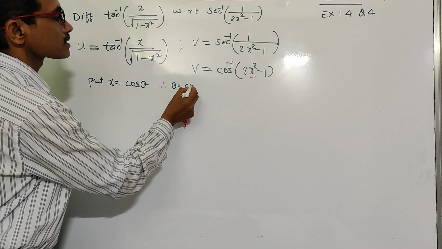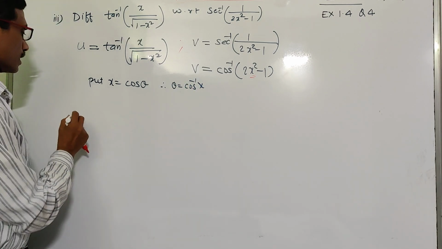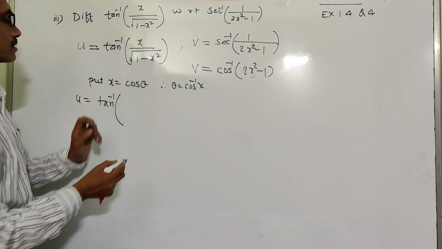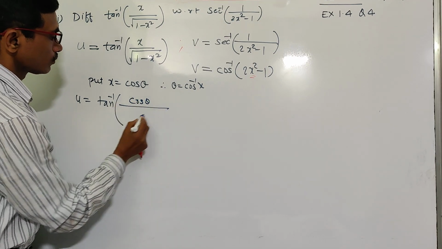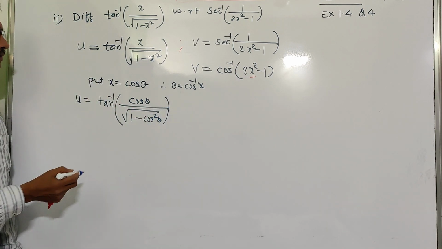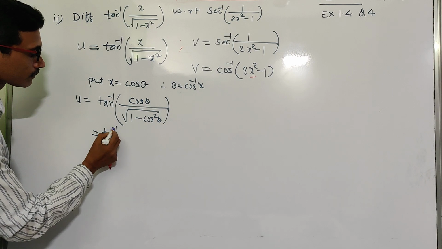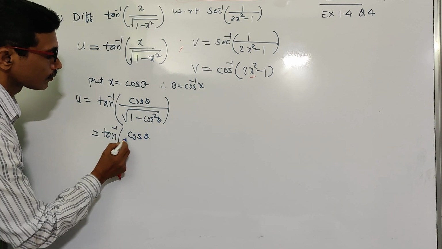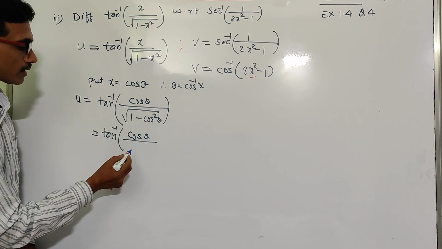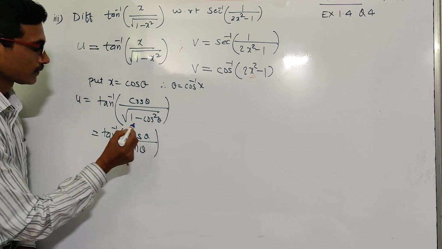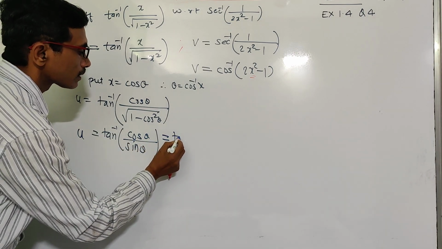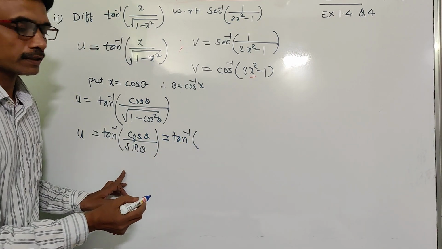Therefore theta must be cos inverse of x, so that our u will be equal to tan inverse of x, x is cos theta, upon root of 1 minus cos square theta, which is sin square theta, so root of sin square theta is sin theta, and cos upon sin is cot theta, so u will be equal to tan inverse of cot theta.